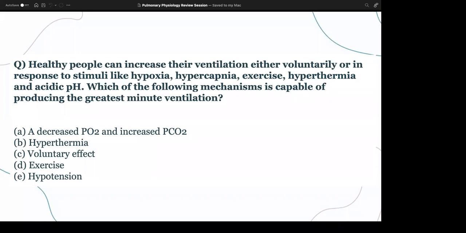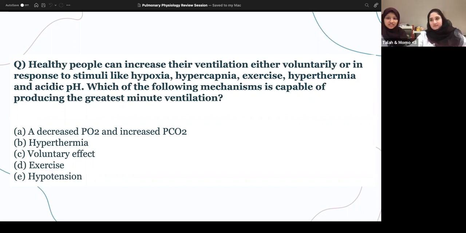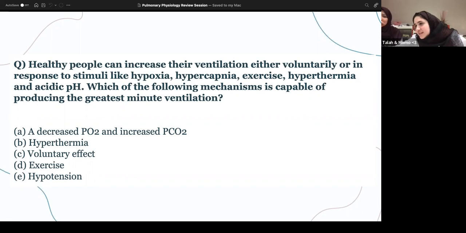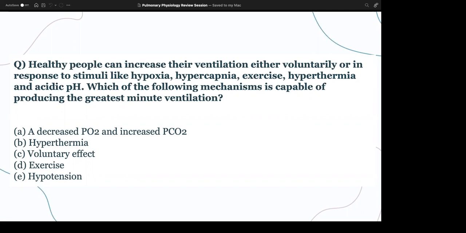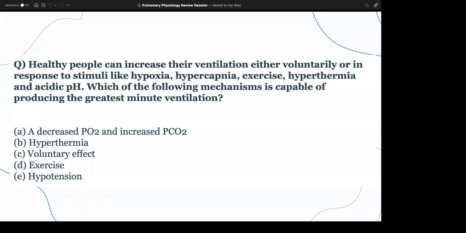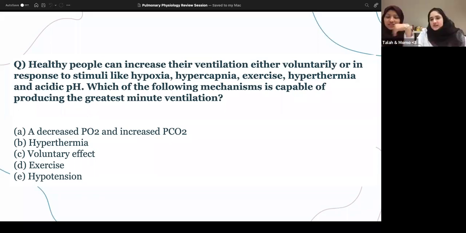He gave us all of these reasons in order. What was the one right before voluntary? I can't remember. I think exercise. Honestly, I'll check which lecture it was.